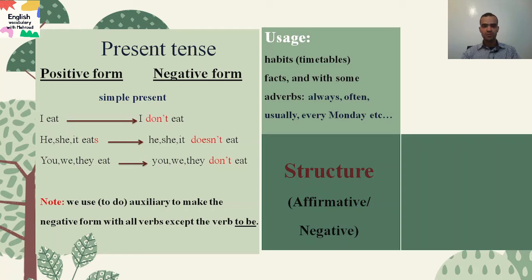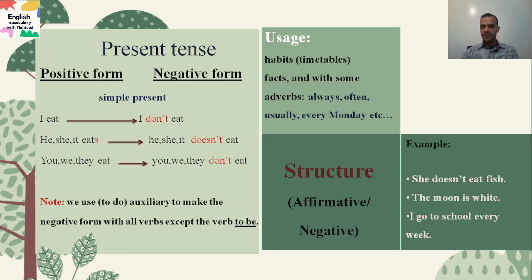Let's see examples, of course, to know more about the usage of the present simple. Example: she doesn't eat fish. This is a habit of a certain woman. She doesn't eat fish. This is a habit for her.